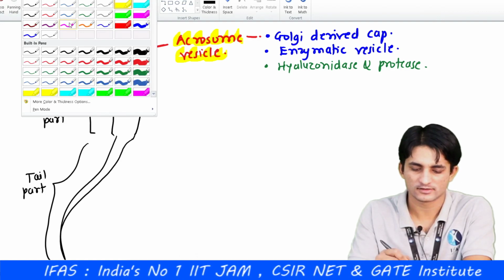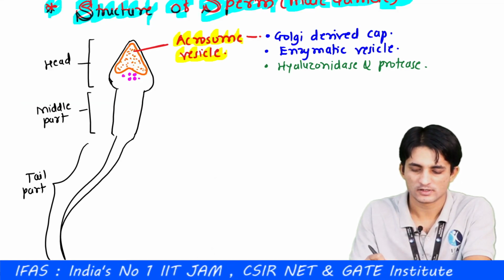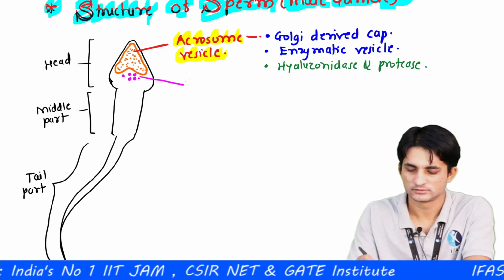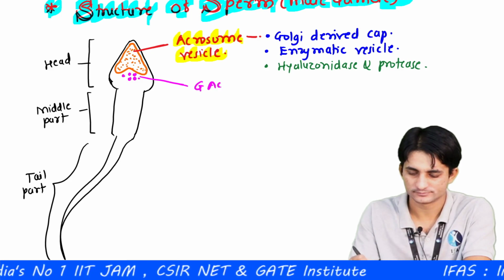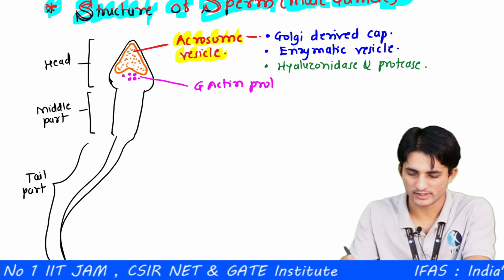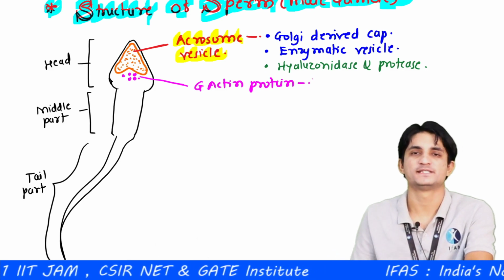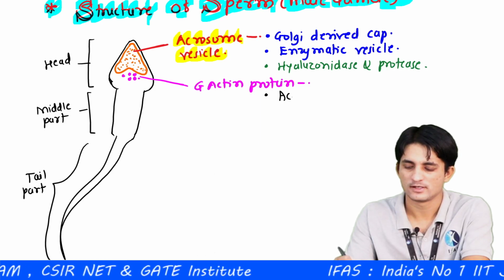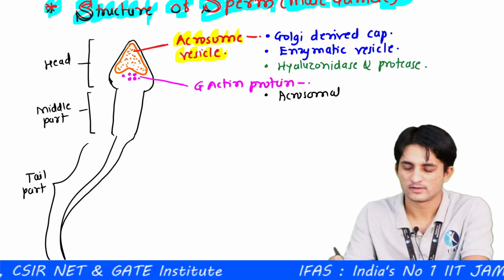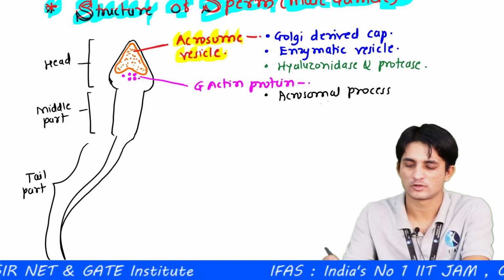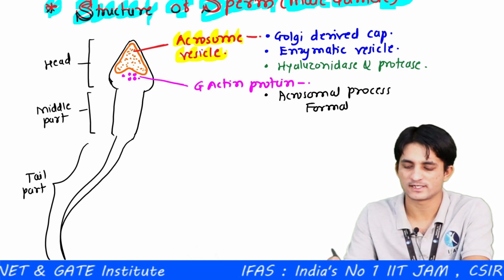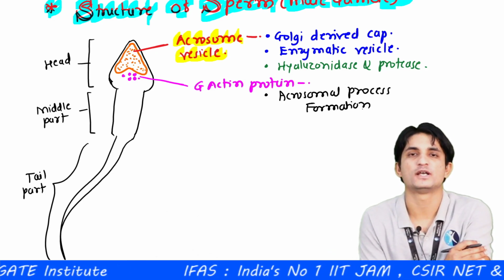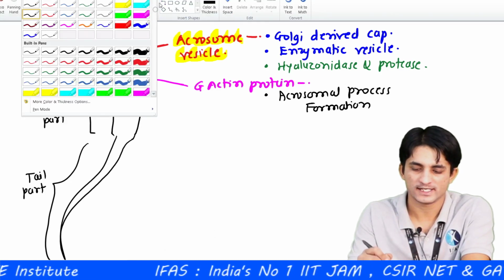Then there are some G-actin proteins, and G-actin proteins play a major role in acrosomal process formation. After fertilization, as we will discuss, there is extension of the sperm head, and that is due to the G-actin protein.